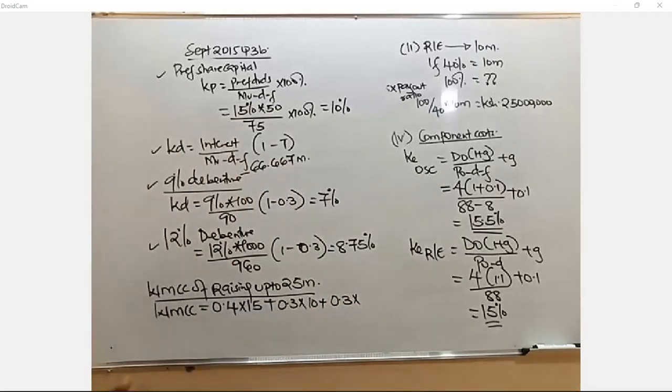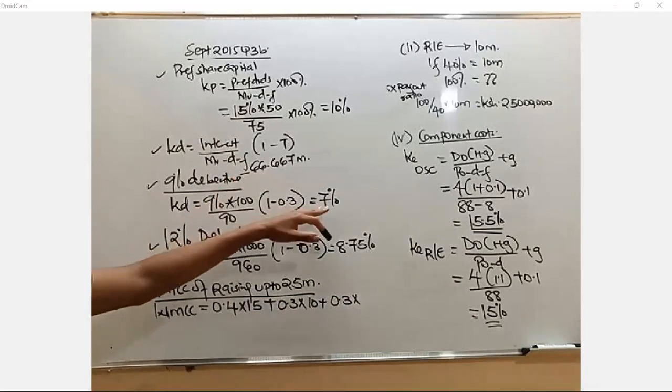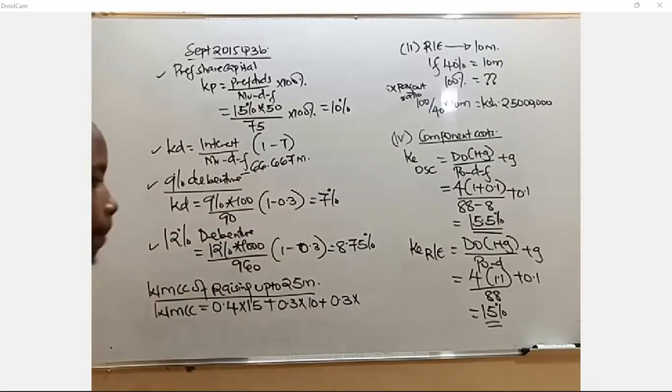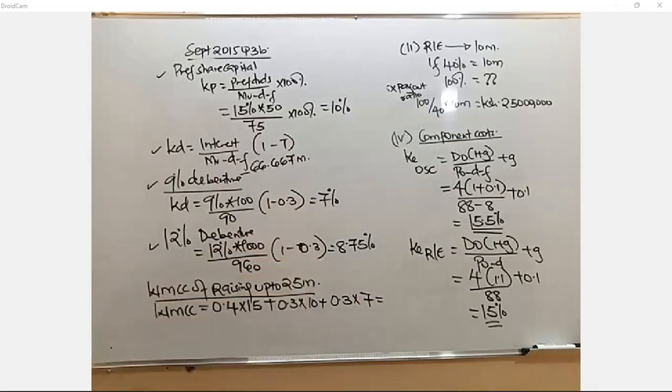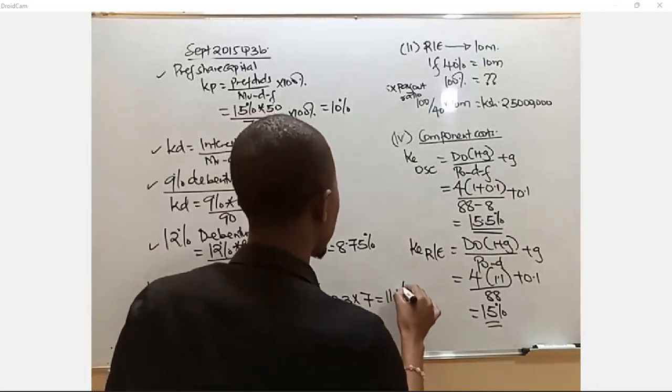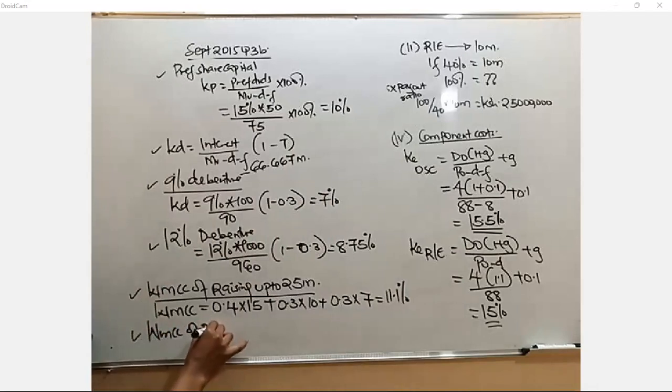When you look at the cheaper between the two, it is 7%. Until you exhaust 66.67 million, the 7% still prevails. So here we put 7. Until we exhaust this one, then we shift to the expensive debenture. So in this case, it will be 0.4 times 15 plus 0.3 times 10 plus 0.3 times 7. We are getting 11.1%.